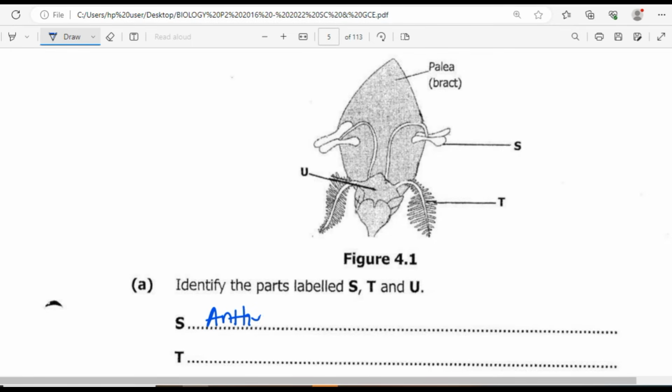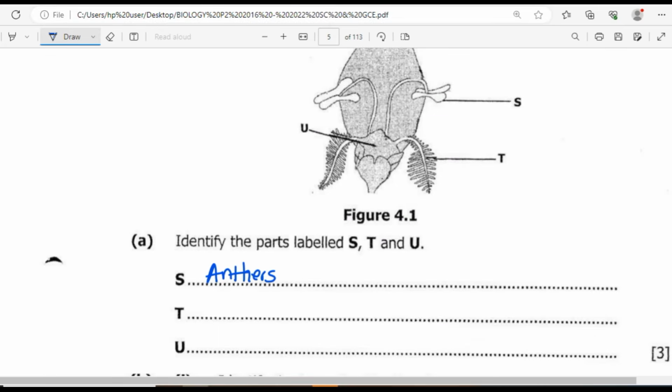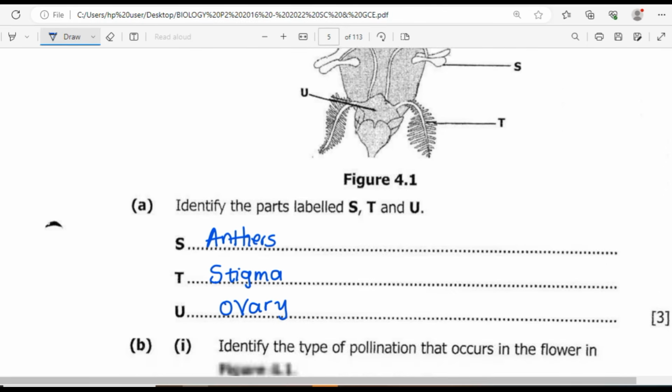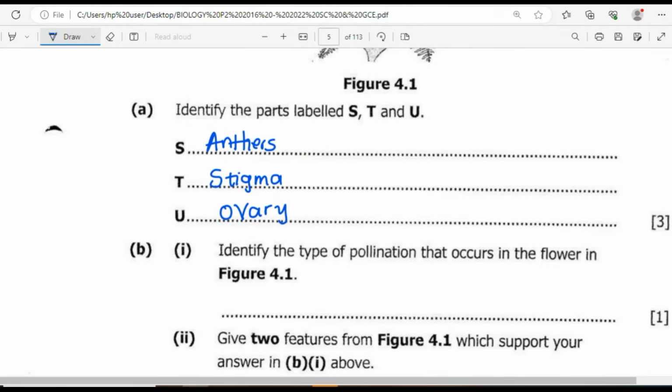The function of anthers is to produce pollen grains. Then what's our T? T is stigma. Stigma is the female part that receives the pollen grains. Then U, ovary. The ovary contains the ovules, and that is where the double fertilization occurs.